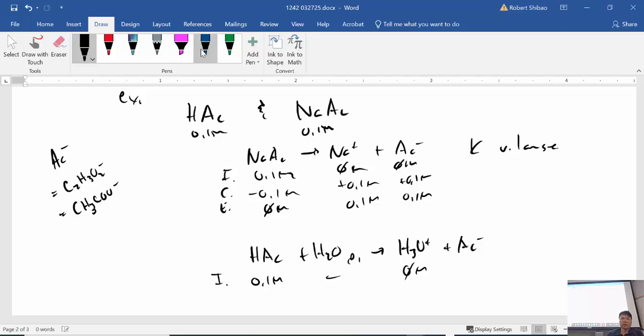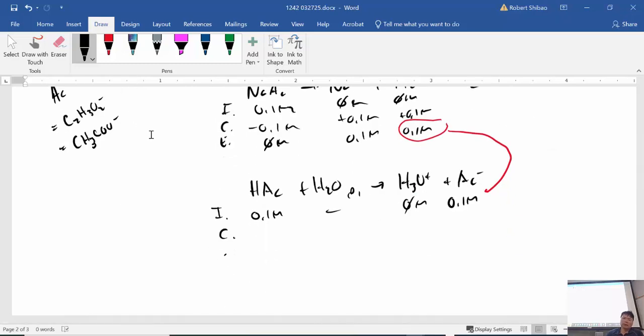But what I'll do is drop the acetate down. So this is the common ion here. And the common ion here means I'm going to have a lot less hydronium. Why will I have a lot less hydronium? The reason why is because I already have 0.1 molar acetate. That's a lot of acetate.